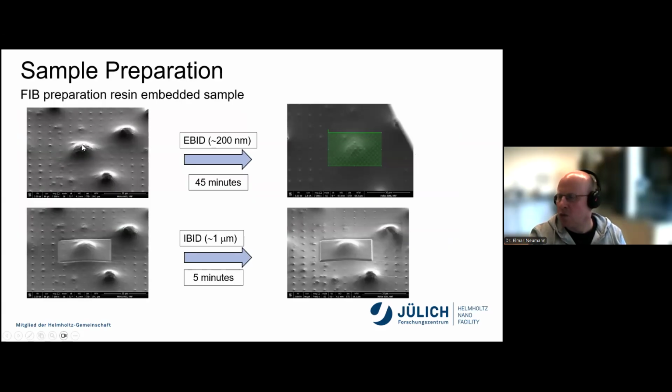So now we would like to see what is inside. We have our sample, in this case, chemically fixated, stained with some chemicals, heavy metals, for example, resin embedded, polymerized. Now we have identified a certain site of interest.